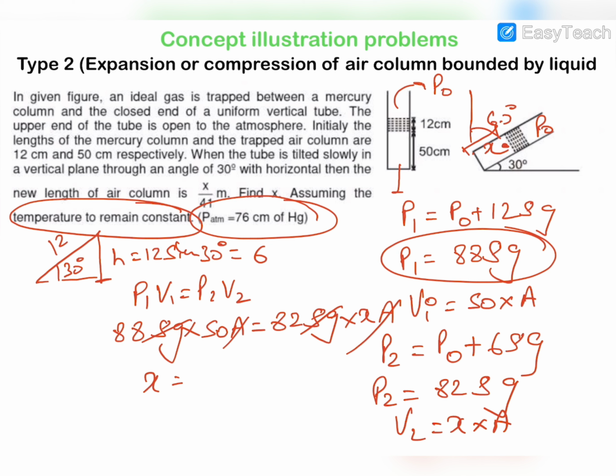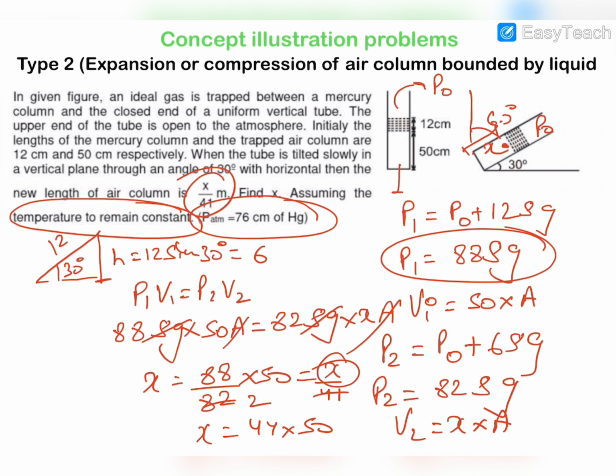So x will be equal to 88 by 82 into 50, and we have to compare it with this one. So it is x by 41, so this is 2, so this x will be equal to 44 into 50, and x will be equal to 220. In fact, it would be equal to 2200.